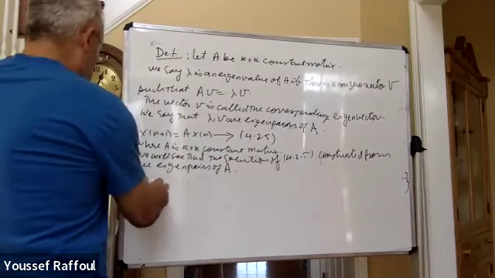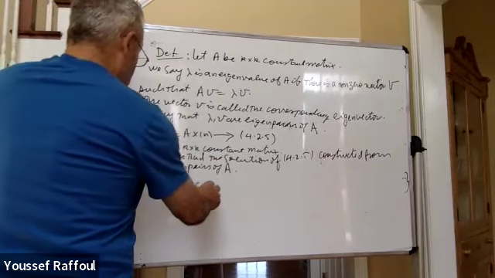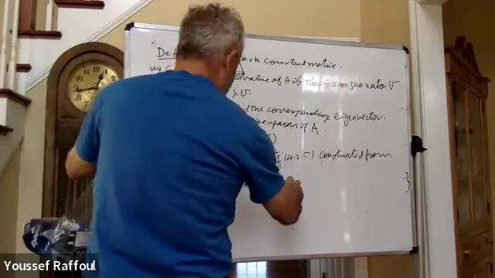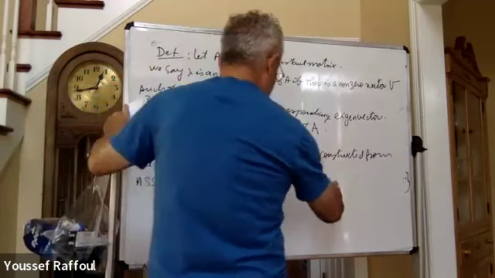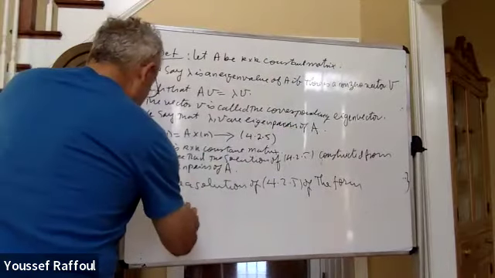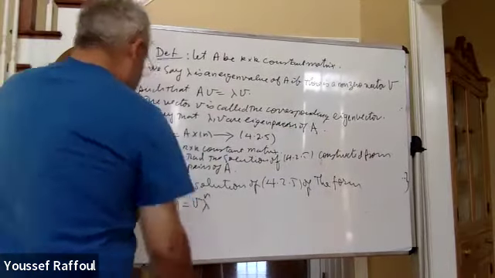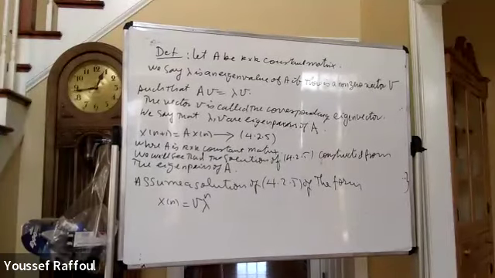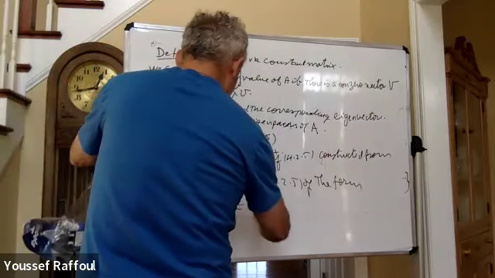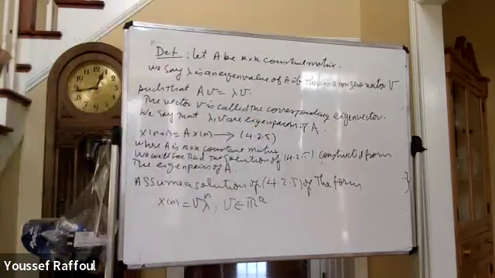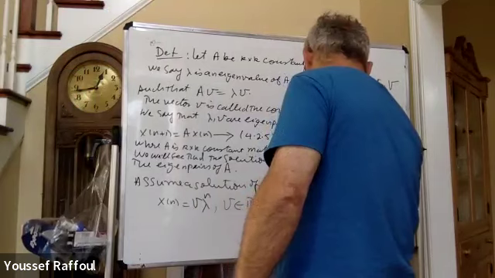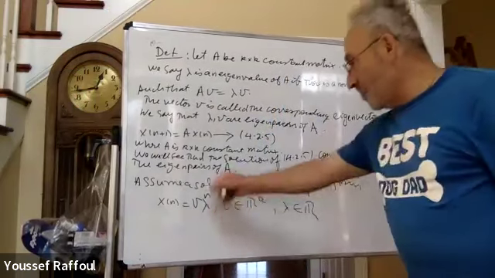Now assume a solution of 4.2.5 of the form x of n equals v lambda to the n, and v belongs to R^k, and lambda is in R. That means v is a vector.